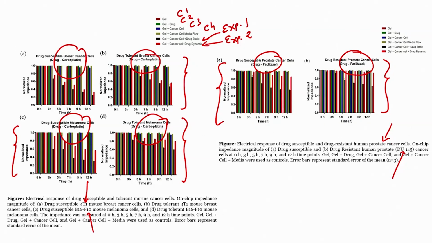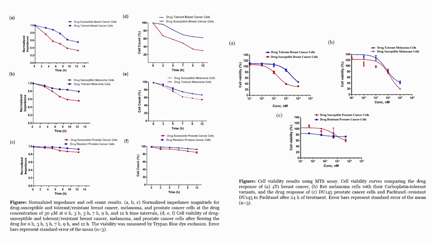Okay. Now, if you see here what we obtained, we obtained a clear signature when we are plotting normalized impedance versus time for impedance measured at 1000 hertz, because that is our optimized frequency.